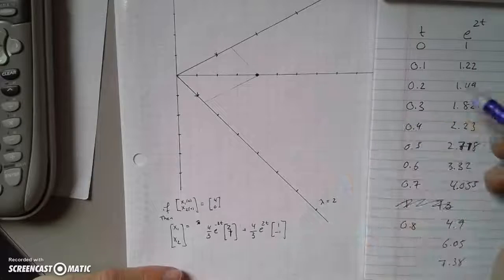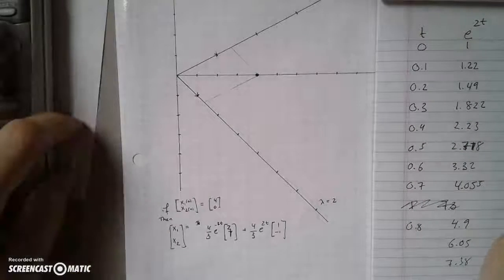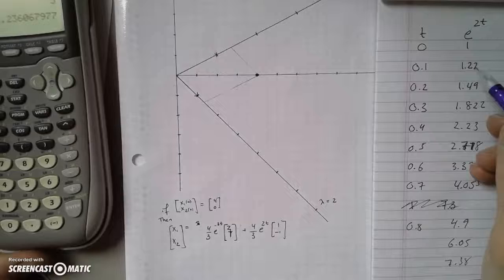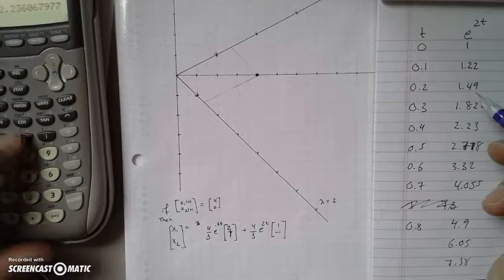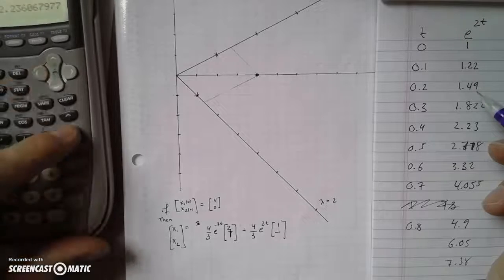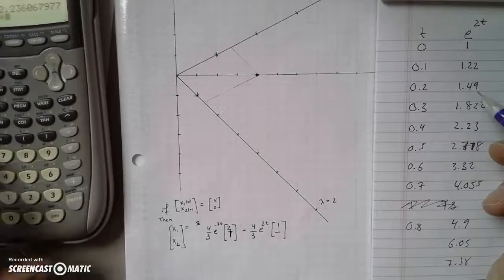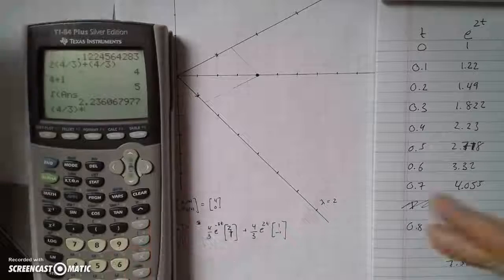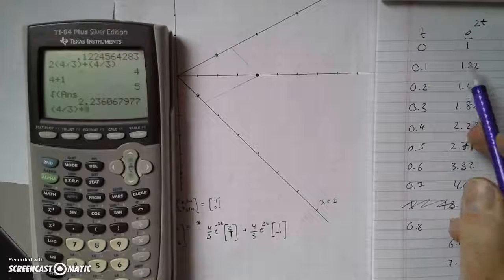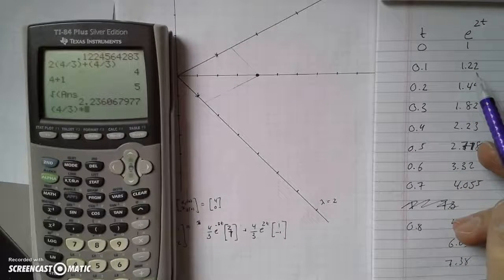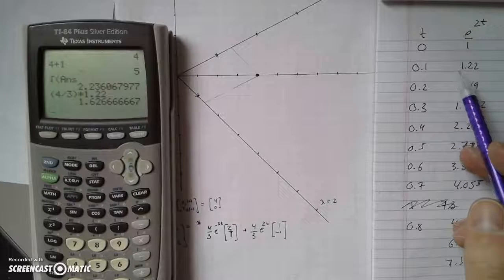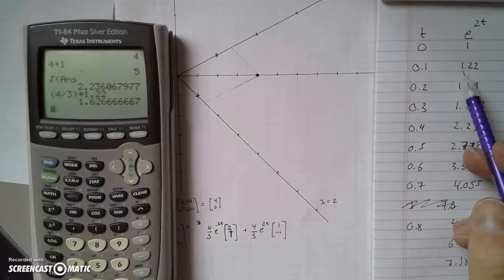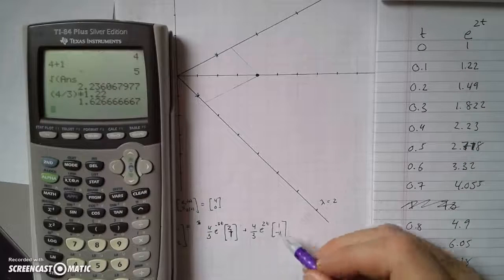So where does it go next after a tenth of a unit of time? I can take this first component, 4/3, and multiply it. What is e to the 2t when t is 1/10? 1.22. So that means it's going to be 1.6 units in this direction.